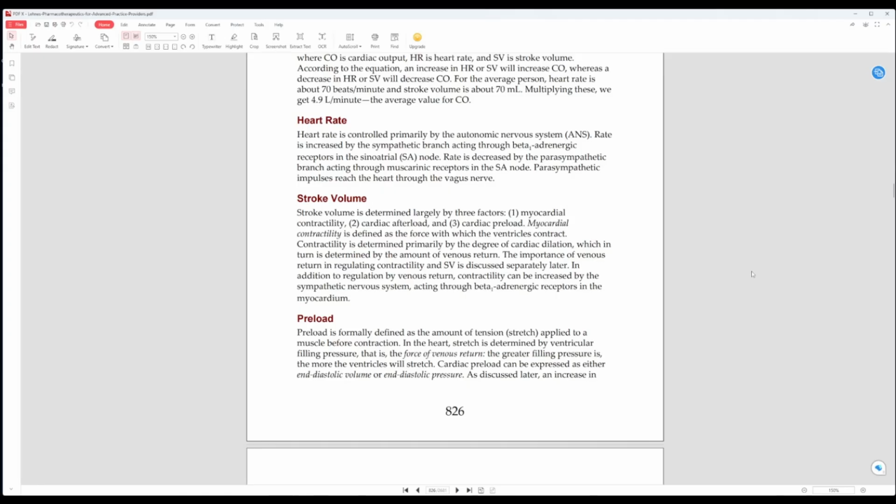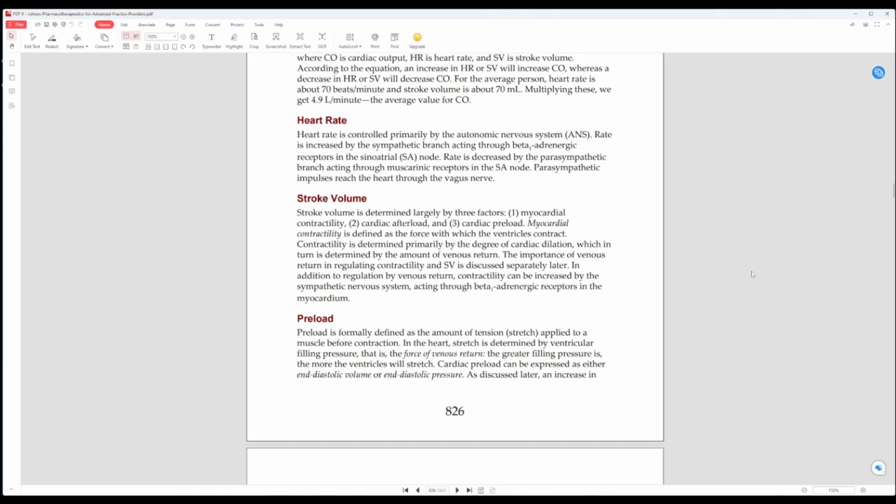Stroke volume. Stroke volume is determined largely by three factors: myocardial contractility, cardiac afterload, and cardiac preload. Myocardial contractility is defined as the force with which the ventricles contract. Contractility is determined primarily by the degree of cardiac dilation, which in turn is determined by the amount of venous return.